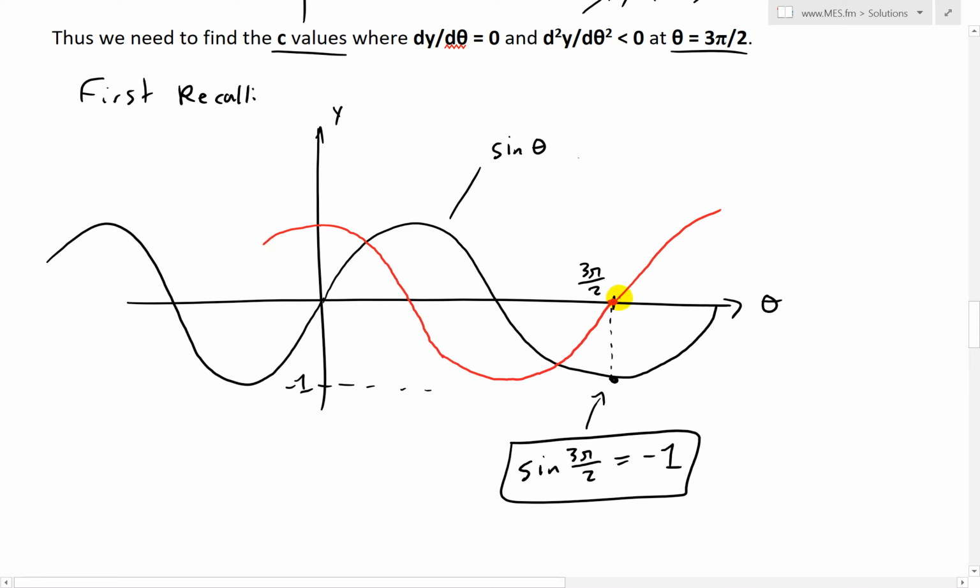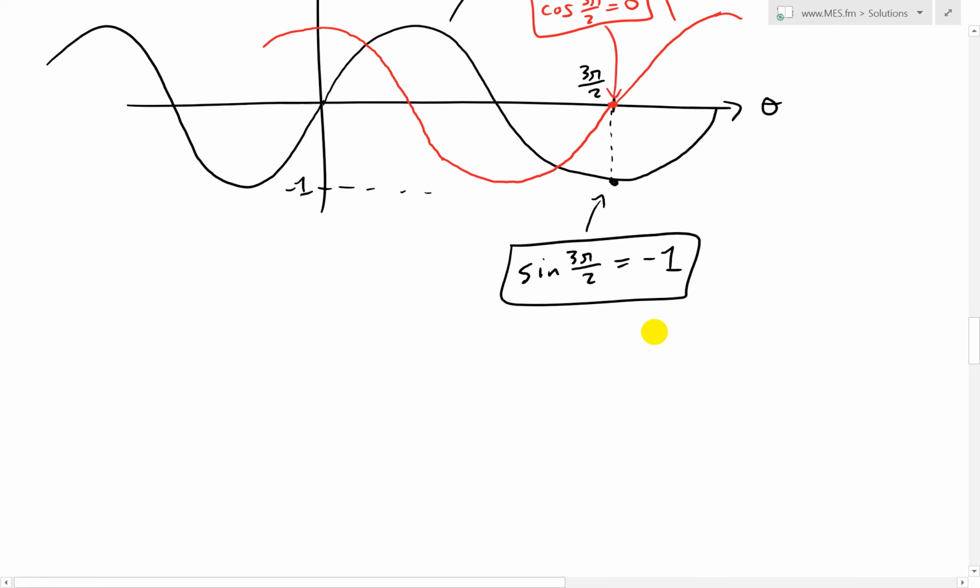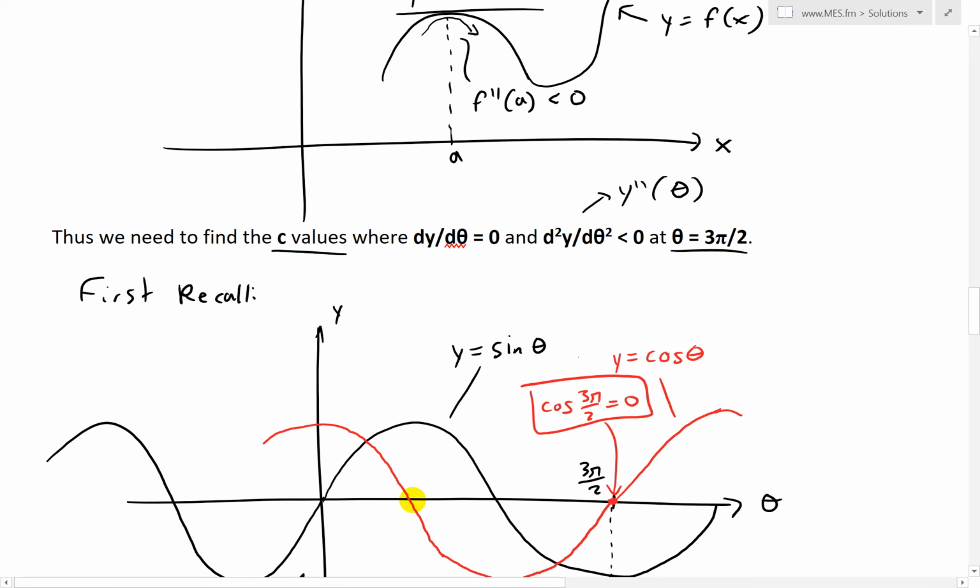This is the cosine theta function, y equals cosine theta, and at 3 pi over 2 we have cosine 3 pi over 2 equals 0. Now that we have those referenced, we can start solving our function.